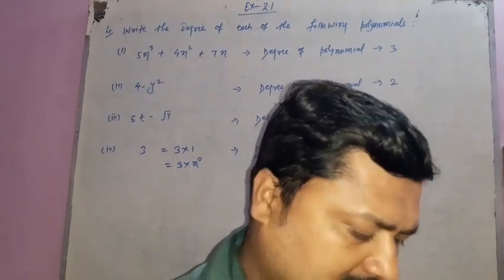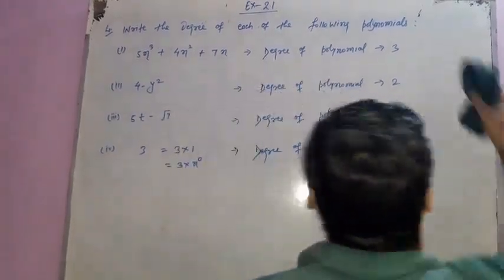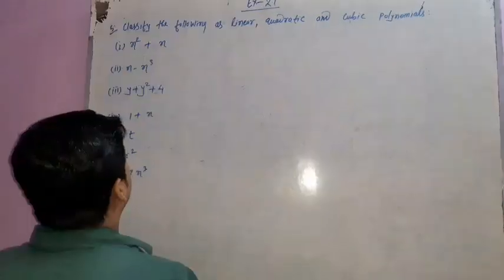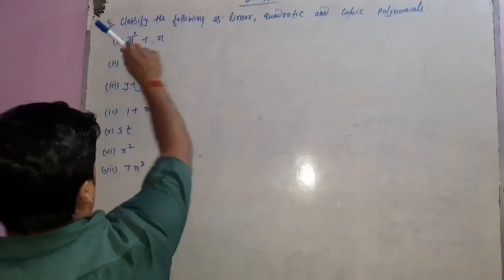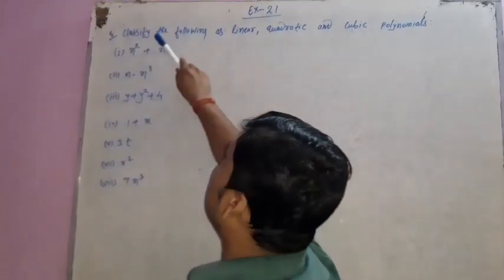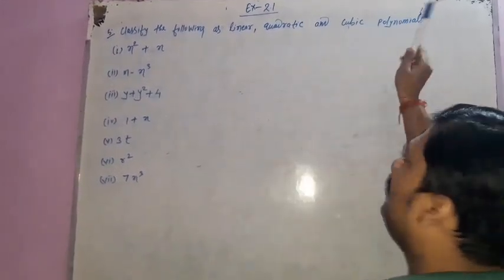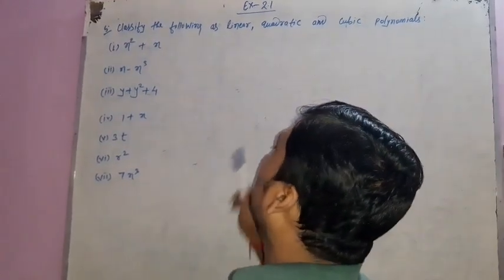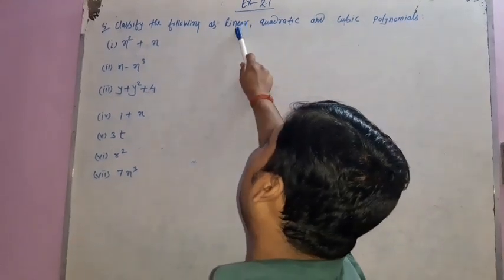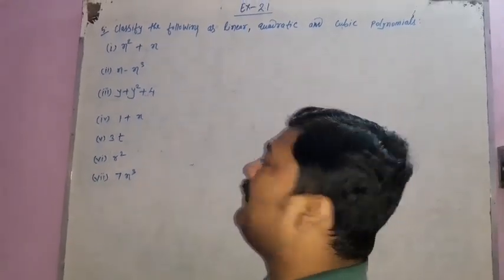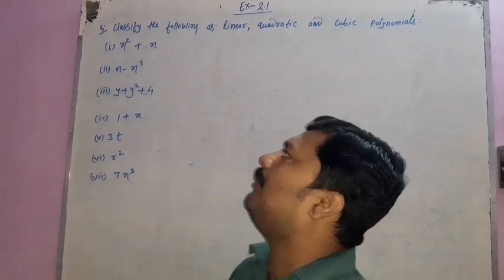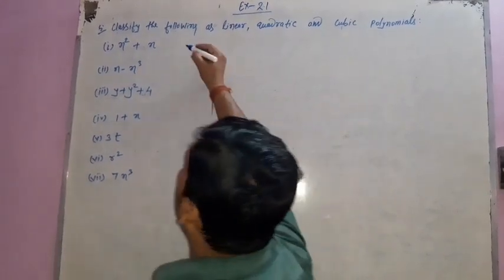Now next question, question number 5. In question number 5 of exercise 2.1, classify the following as linear, quadratic or cubic polynomial. Before considering linear, quadratic and cubic polynomial, first we have to look at what the degree of the polynomial is.